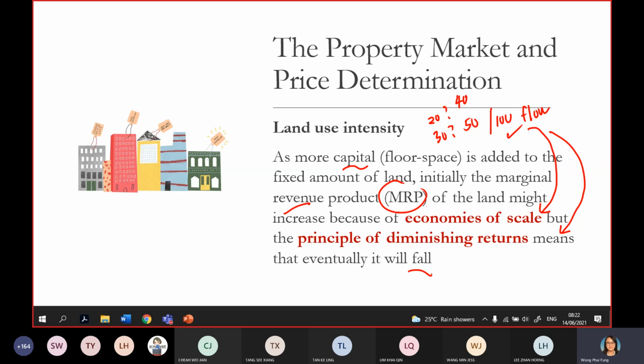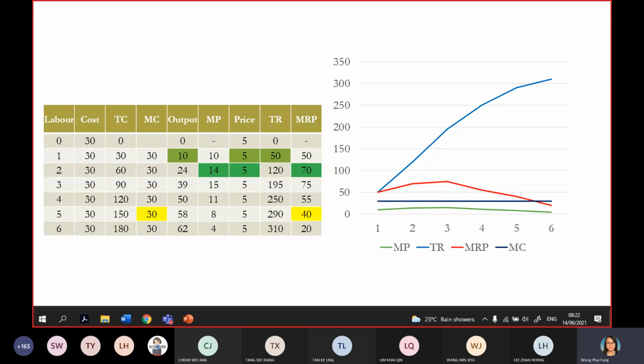Okay, but first I want to recap. Do you still remember what MC, MP, MRP are or not? Say for example, labor. I hire 1 labor, 2 labor, 3 labor, or 4 labor. For each labor, let's say I pay the cost, their salary.